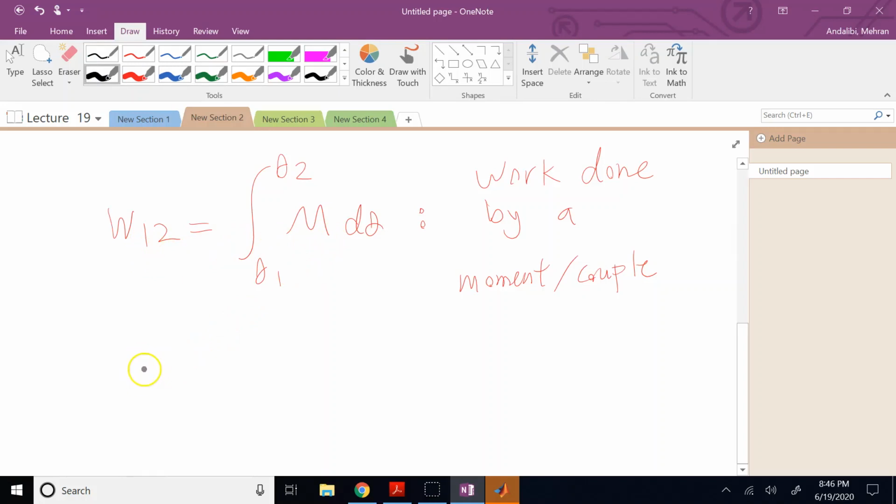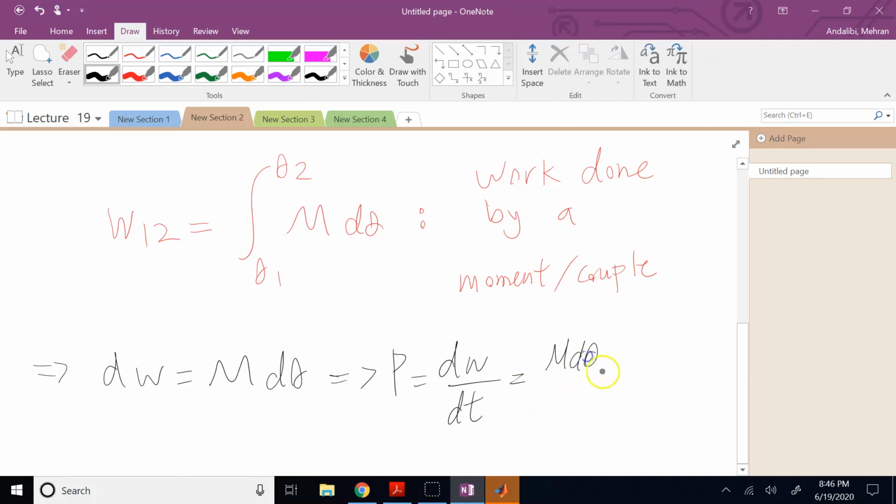So dW is M d theta, and then P, which is dW over dt, is M d theta over dt, which is M times omega. So for a rotary system, the moment times omega is power. In general, power is always the product of a force-like term and a velocity term.